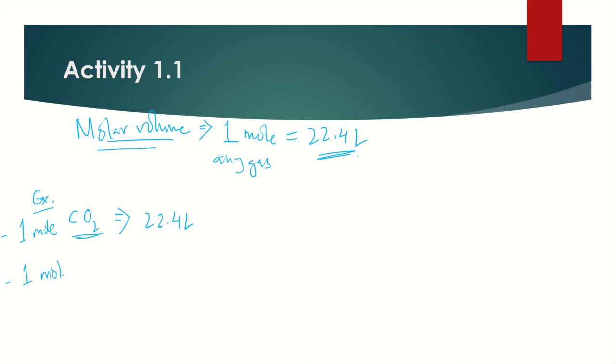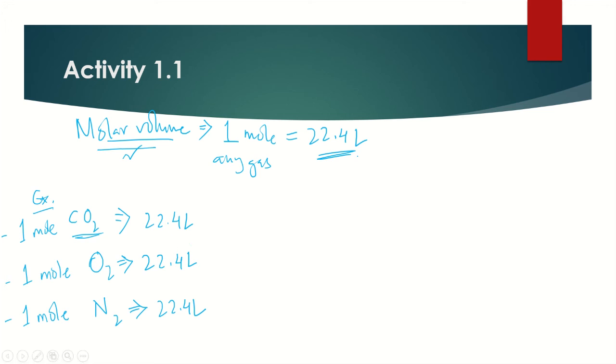Again, 1 mole of oxygen gas. If you measure its volume, it's going to occupy 22.4 liters. Let's take the third example, 1 mole of nitrogen gas. If we measure its volume, it's going to be the same, 22.4 liters.